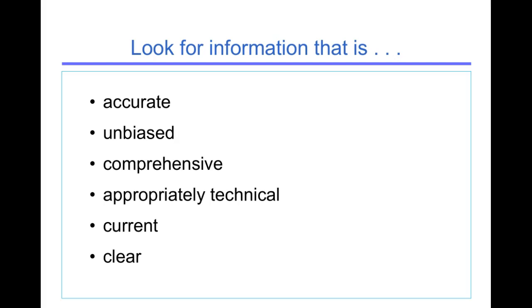So many factors have changed that if you're looking at something that is not current, it may not be relevant and it may not be useful or helpful to what you're doing. And of course, you want it to be clear. You want it to make sense and be logical.